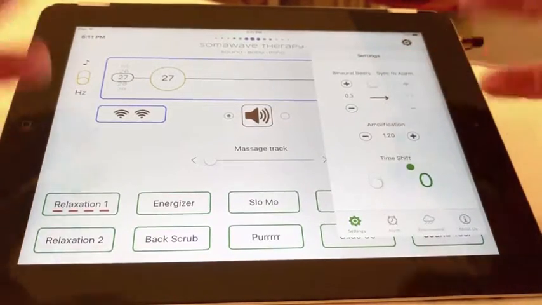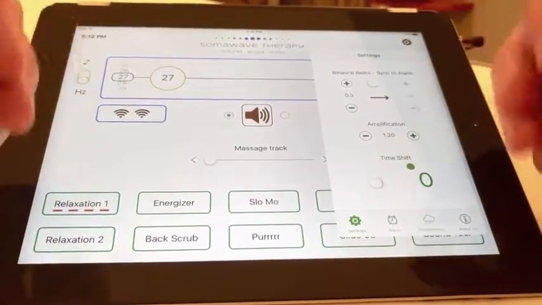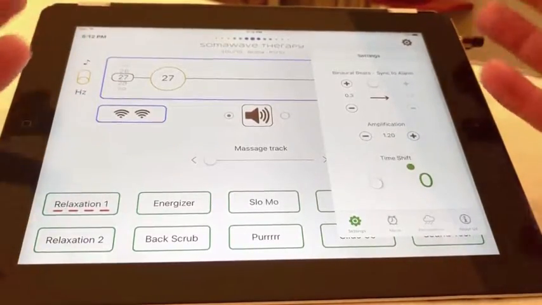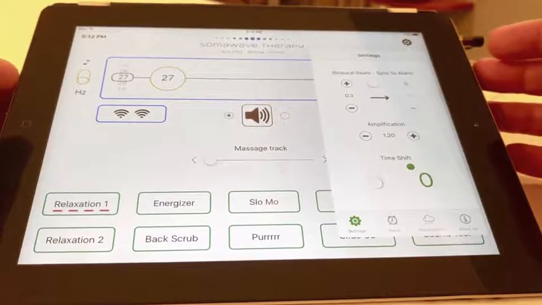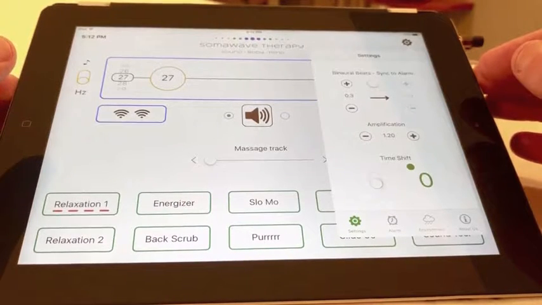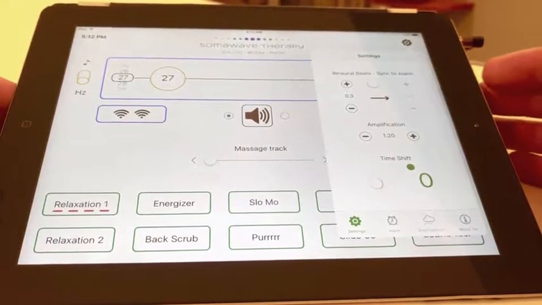Binaural beat is the pulsing. 0.3 is very middle of the road, gentle, relaxing. Amplification, a quick note on that. Something to take into consideration is the sensitivity of your client.